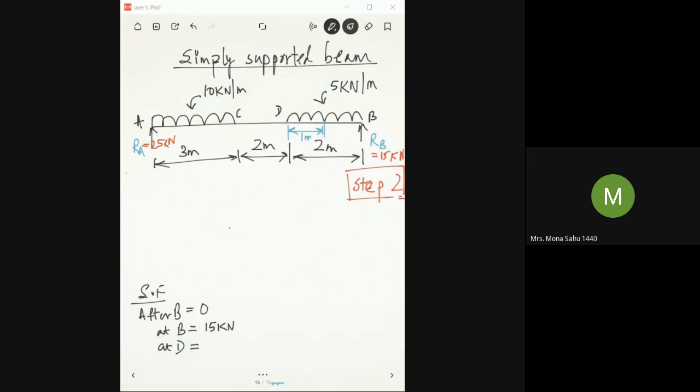Okay, so here at D, there is no point load. So what is the load here? You'll have 15 minus 5 into 2. Okay, I hope you guys are clear. All right, so 15, 5.